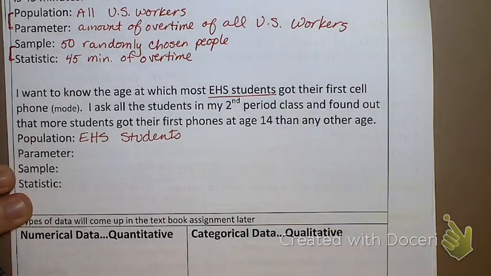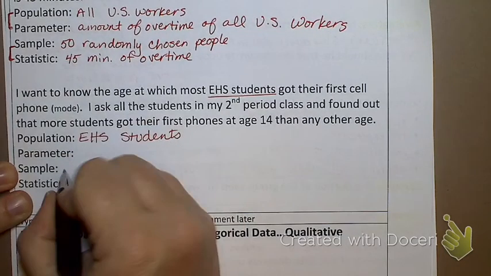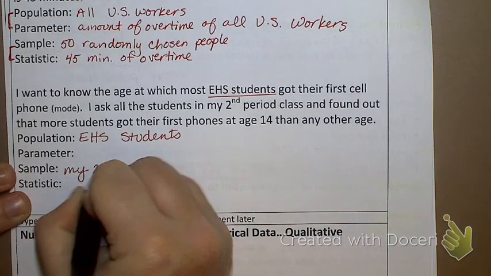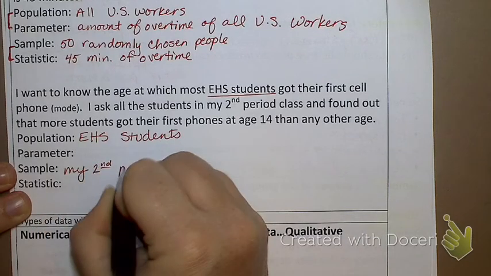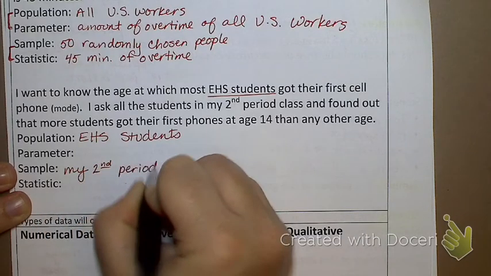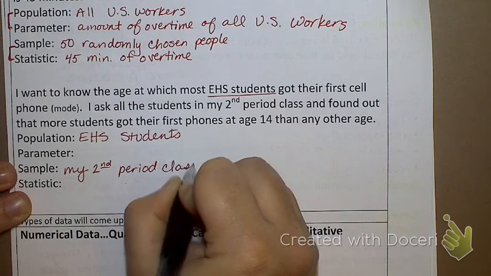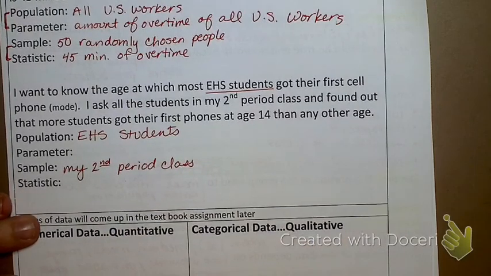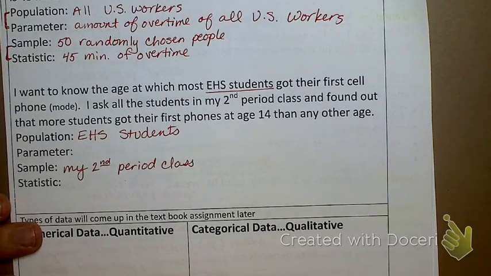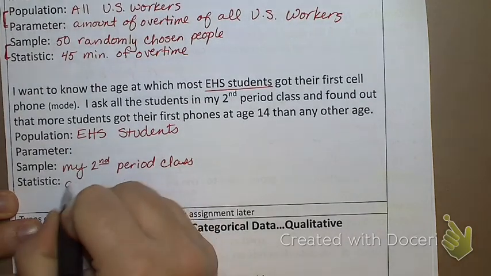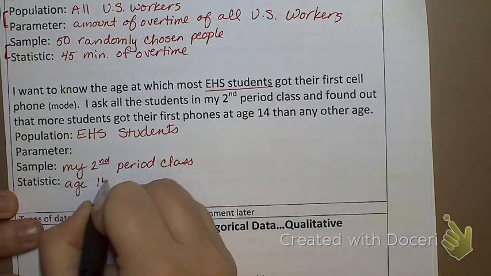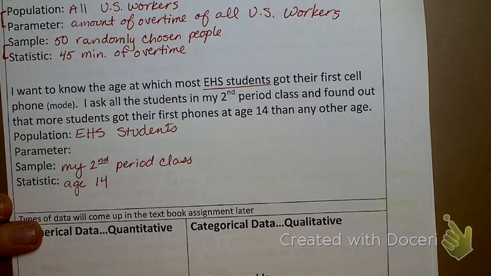Okay. What's my sample? My second period class. Next, what's easiest to come up with usually is your statistic. What's my statistic? Age 14.